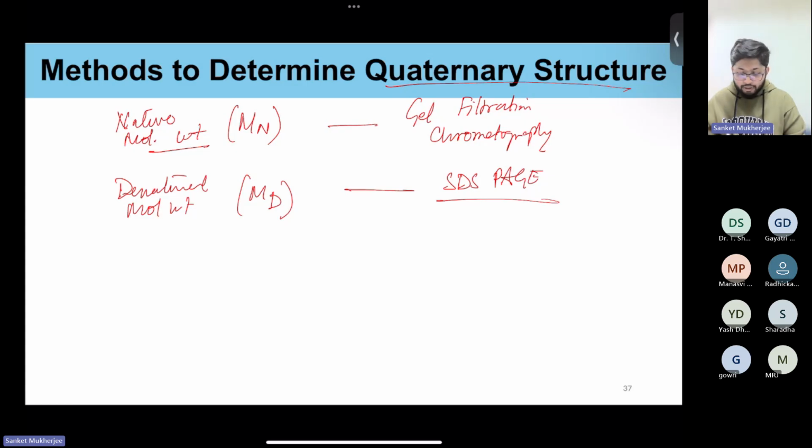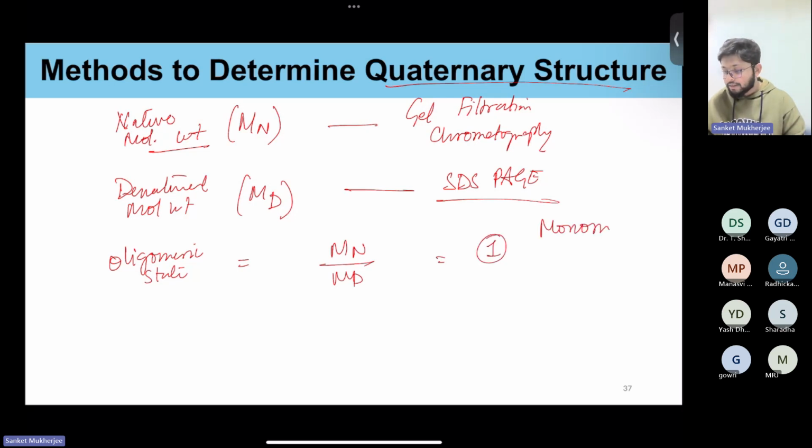And you can figure out the oligomeric state using this simple formula, Mn by Md, that will give you the oligomeric state of the protein. If it is 1, then the protein exists as a monomer. If it is 2, then it's a dimer. It could be a trimer, and so on. Hexamers and decamers, the protein could be in multiple forms. So this is how you find it.